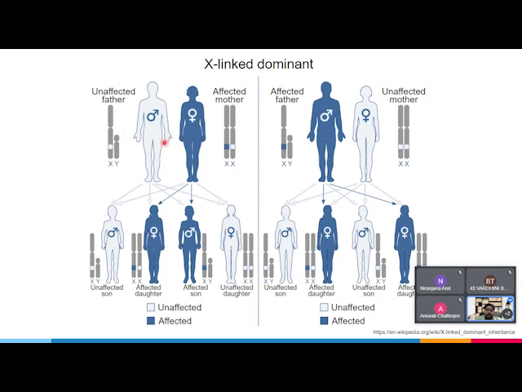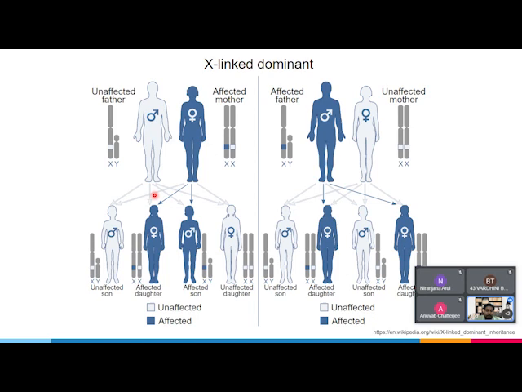In the first cross that we saw, an unaffected father crossed with an affected mother, we again have a 50% probability of sons acquiring the mutated X chromosome, and those sons will be directly affected by the disease, because they do not have another X chromosome to dominate over the mutated copy. So they will absolutely be affected.